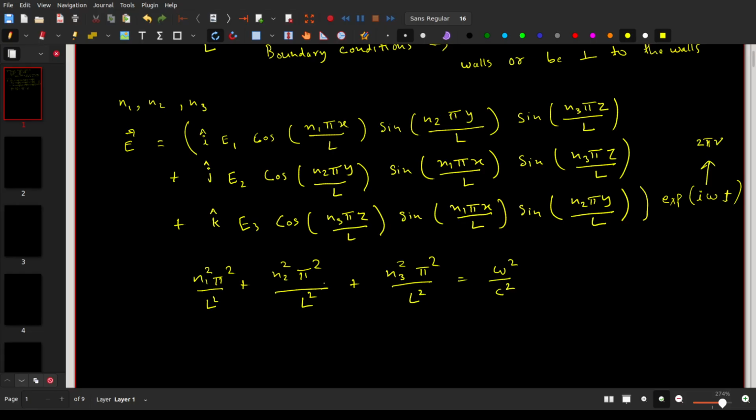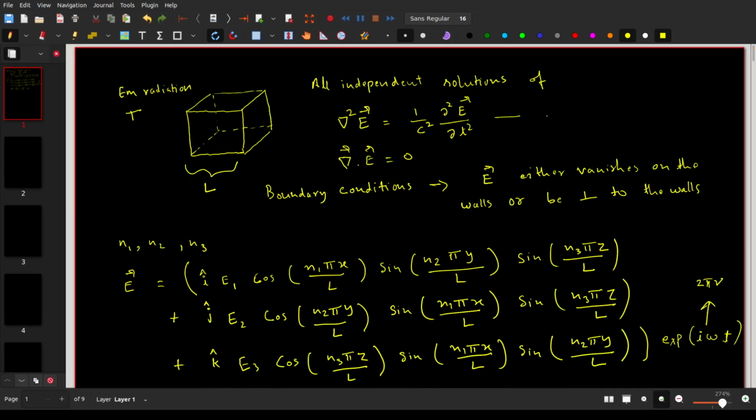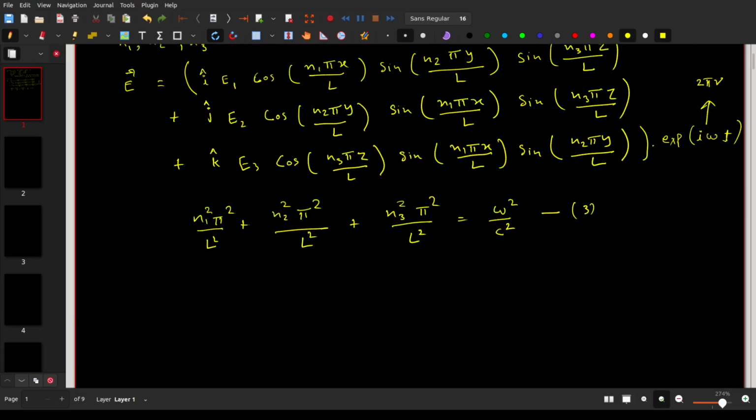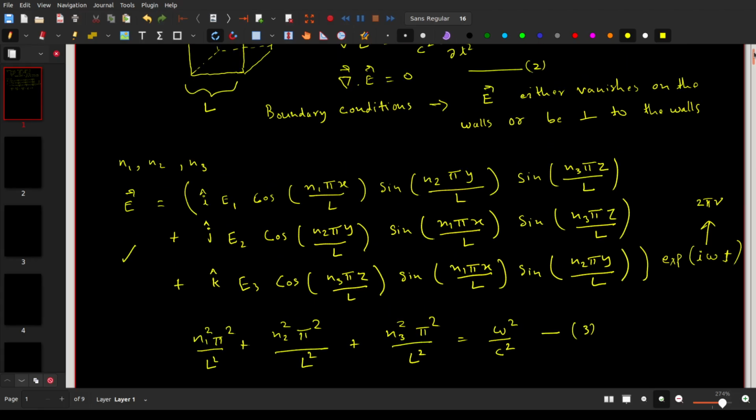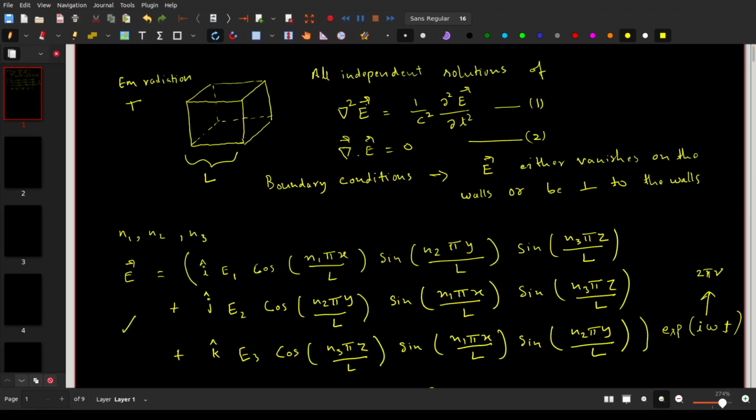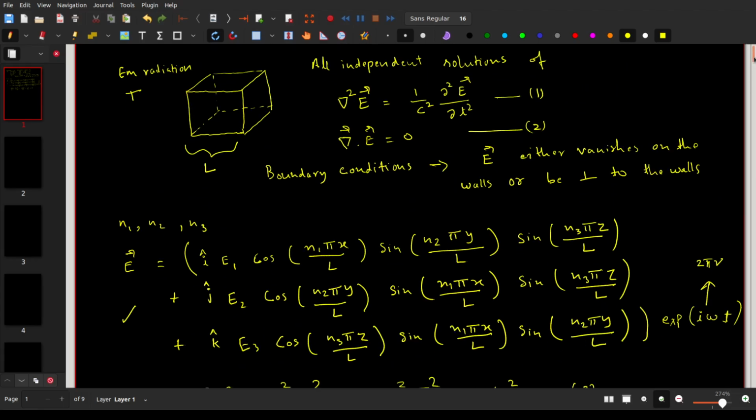Let us call this equation 3, this equation 1 and this equation 2. So if this condition is satisfied, then this E will satisfy the wave equation, equation 1.